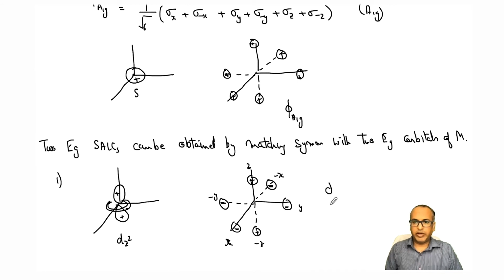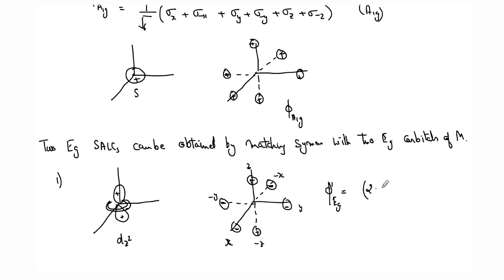So my phi EG1 can be written as 2 sigma Z plus 2 sigma minus Z. So these two are positive. Remember that this is 2z square minus x square minus y square.